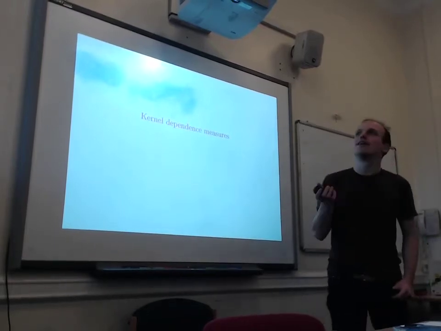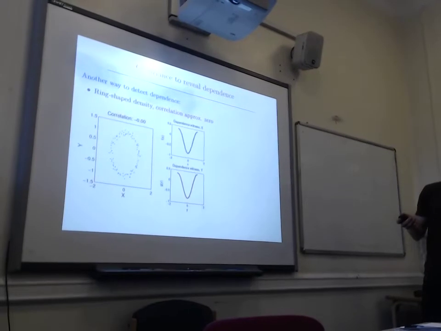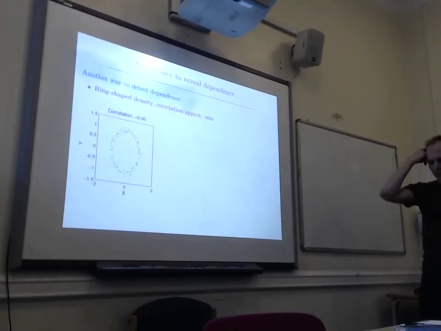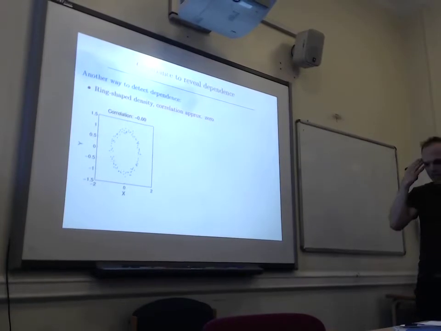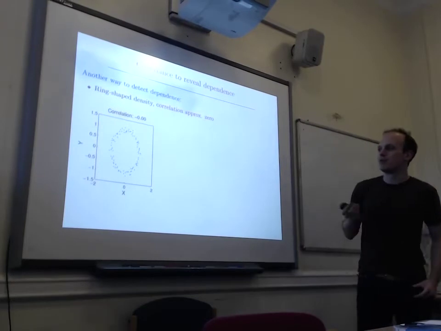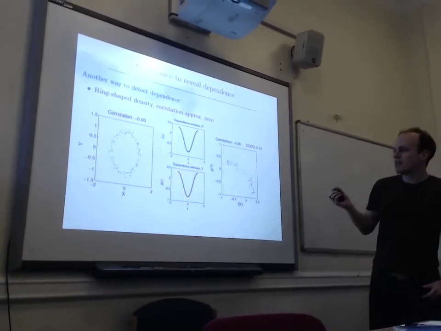So just to remind us of the goal, what we want is a way of getting an idea of when two variables are dependent in an interpretable sort of way. These are the pictures that I put up last time.